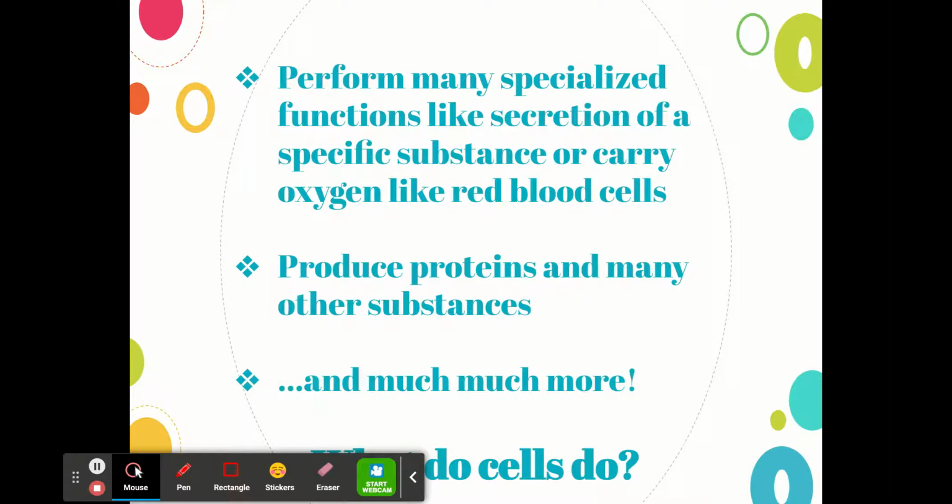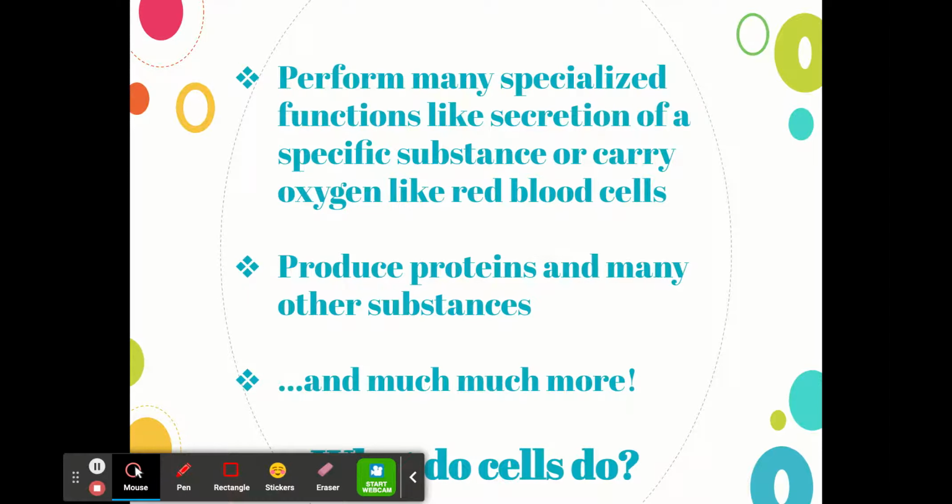Okay. Another important function, which you will learn a little bit more about when you get up into 7th and 8th grade, when we talk about DNA and genetics more, is that one of the main functions of cells is to produce proteins, because many of the processes and structures in your body are proteins.